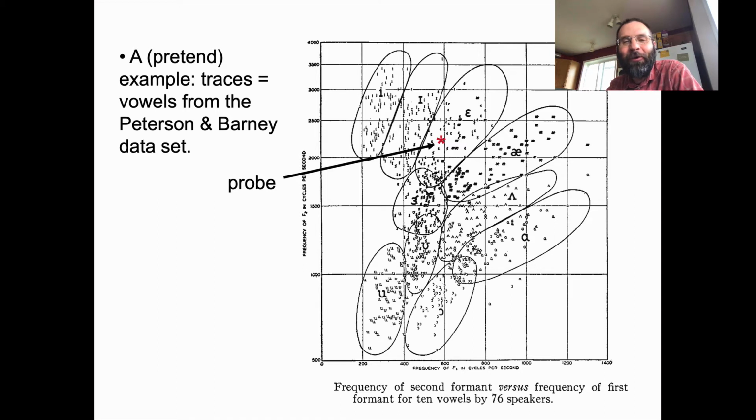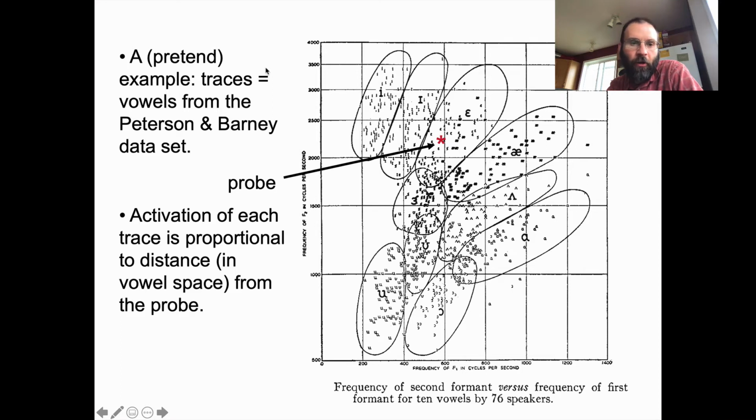This is a probe. This is a new thing that Peterson and Barney have never heard of before, and it falls in this particular spot in the formant space. And we'll have a simple model of similarity here, which is just distance in the two-dimensional formant plot. So what you do in theory is you say, well, I'll take the probe and then I'll figure out how similar it is to every single trace in memory.